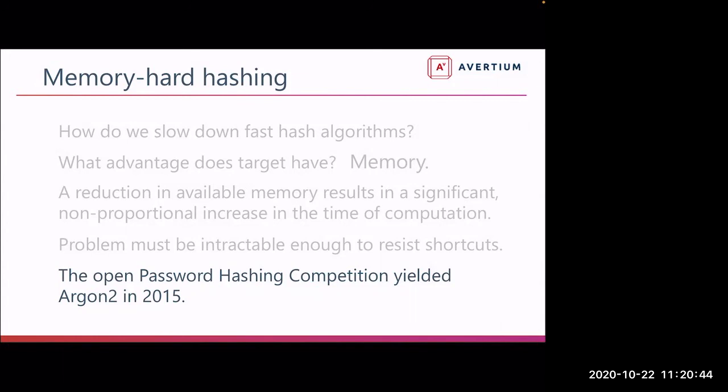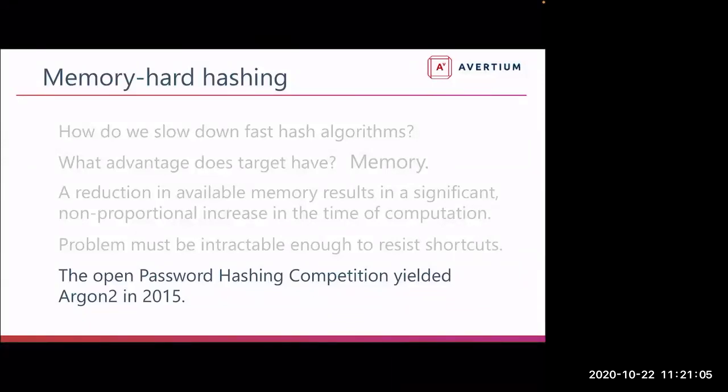Now, they ran this program exactly the same way, except this time, rather than NIST, it was computer security experts, people at universities, all running this competition. And in 2015, they basically came up with Argon2.